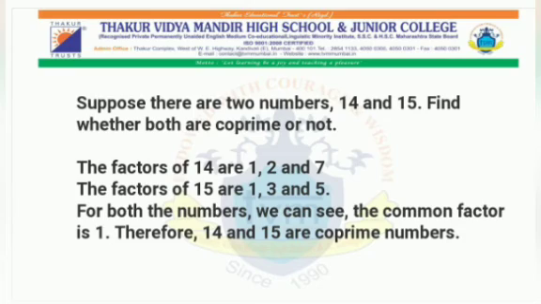Yes, students, the factors of 14 are 1, 2, 7 and 14. Similarly, we'll find out the factors of 15. The factors of 15 are 1, 3, 5 and 15. For both the numbers, we can see the common factor is 1. Therefore, 14 and 15 are co-prime numbers.